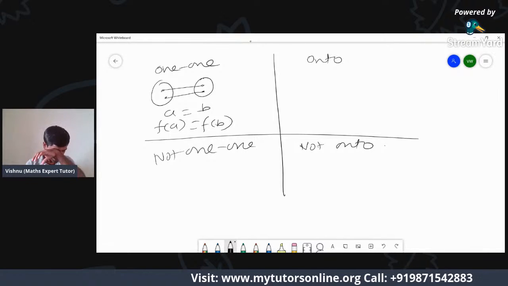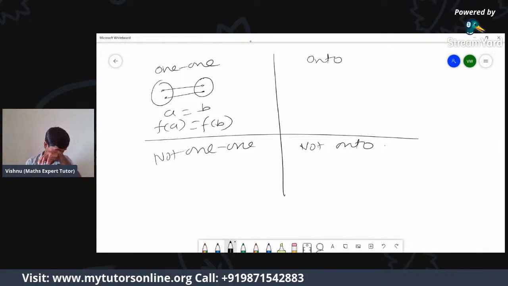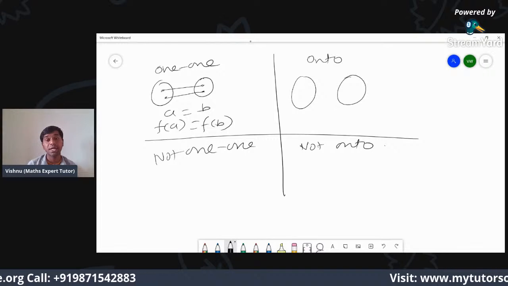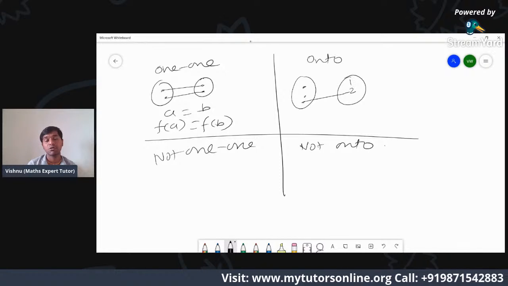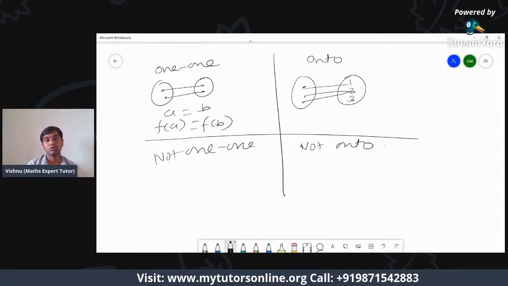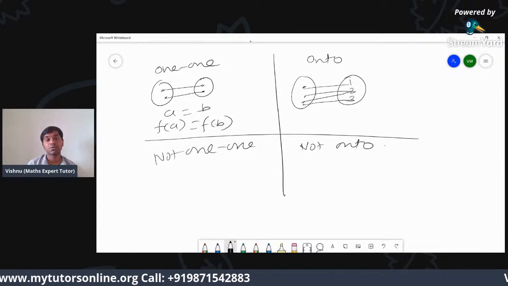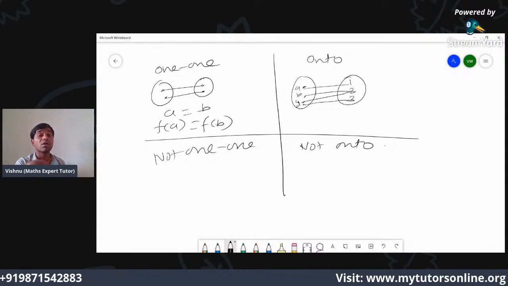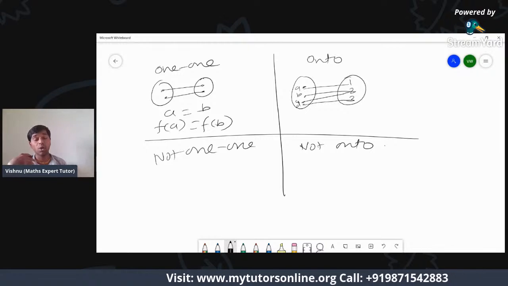What is an onto function? How will you indicate that graphically? This is called an onto function, or you can say like this. So it is a, b, c, d, and this is onto. So for many values of codomain, range has only one value.